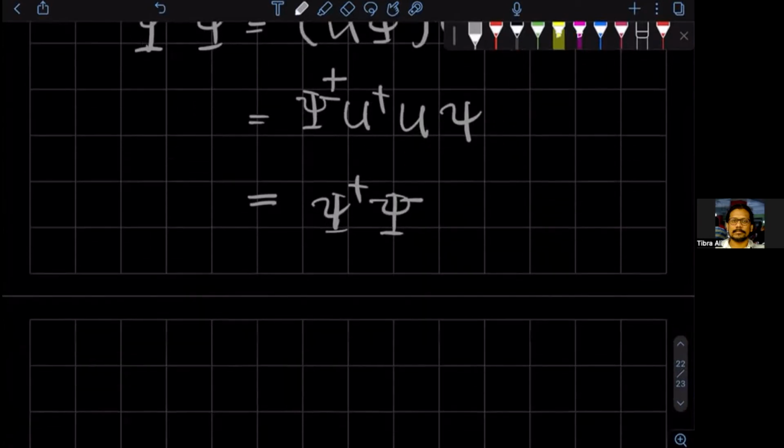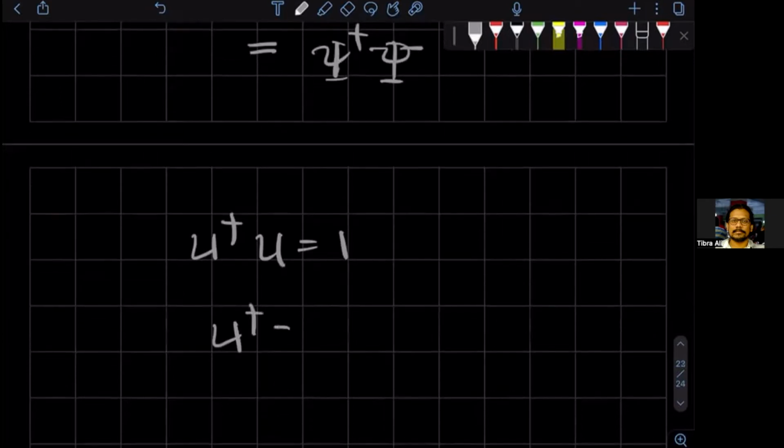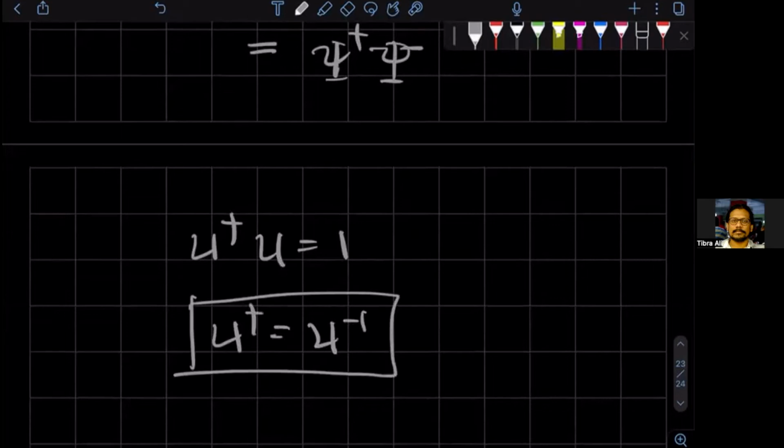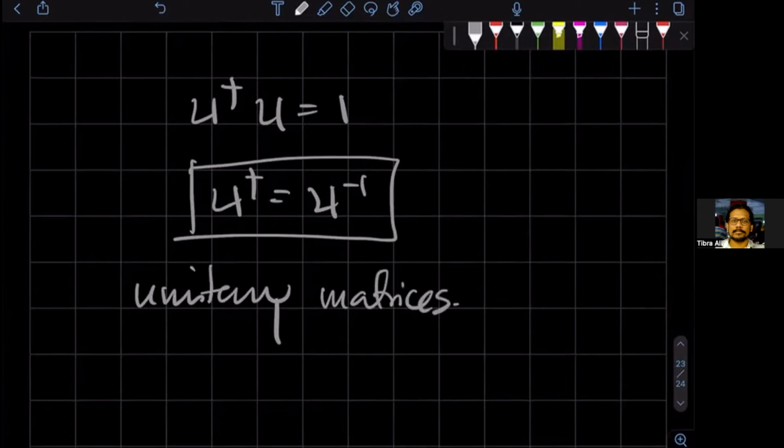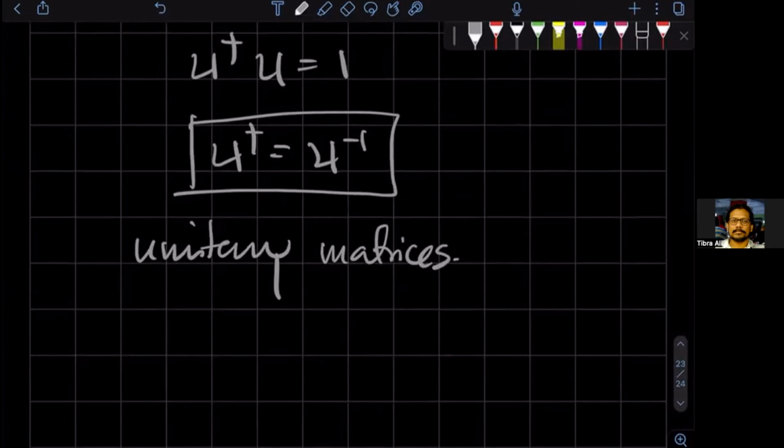And that can only happen if U dagger U is 1, or U dagger is equal to U inverse. Such matrices are called unitary matrices. Matrices which satisfy this condition form the U2 group. So the U2 group consists of 2x2 unitary matrices, okay?